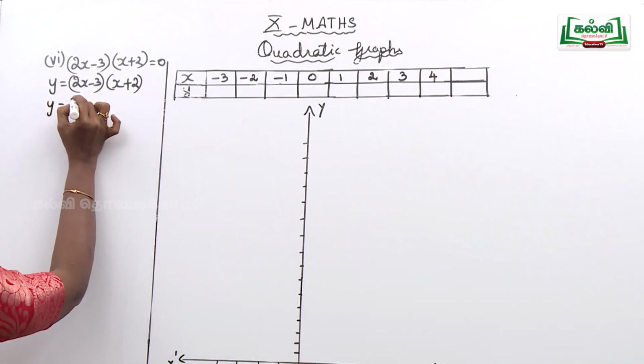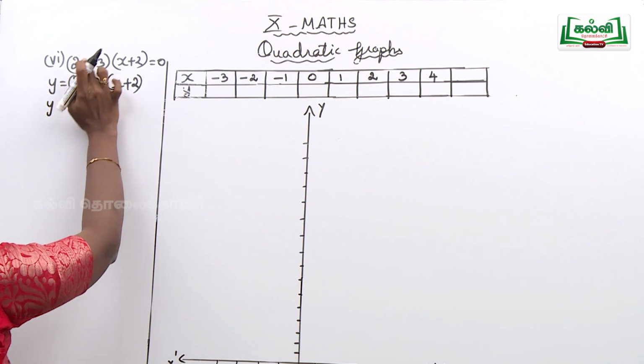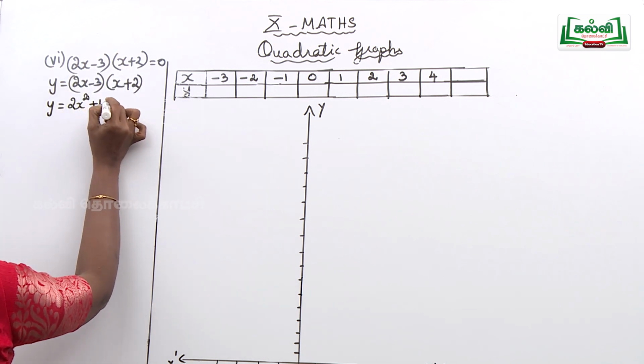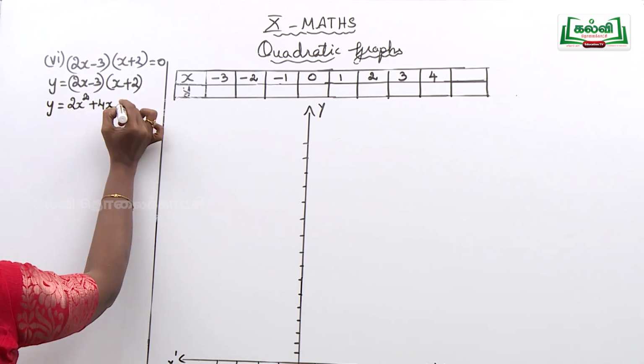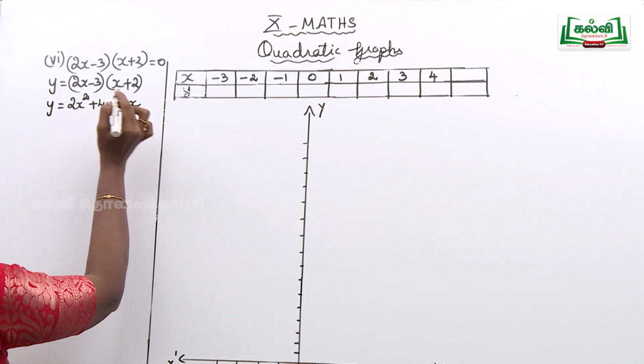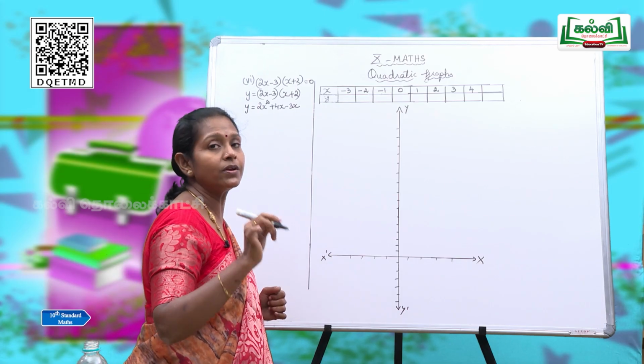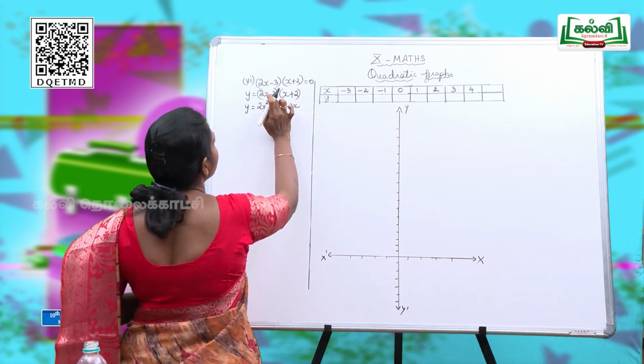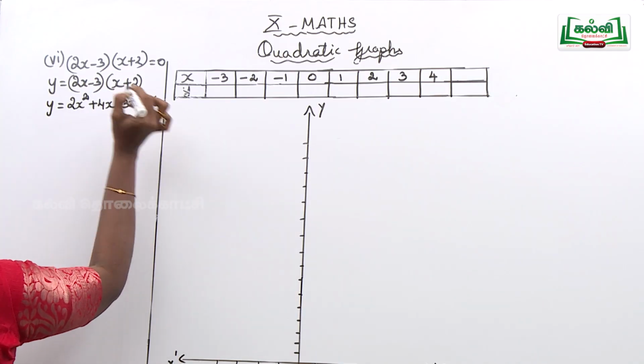Now just multiply 2x with x, 2x squared, 2x with 2, plus 4x, minus 3 into x, minus 3x. That means each and every term should be multiplied with the other 2 terms. Minus 3 into 2, minus 6. Good.